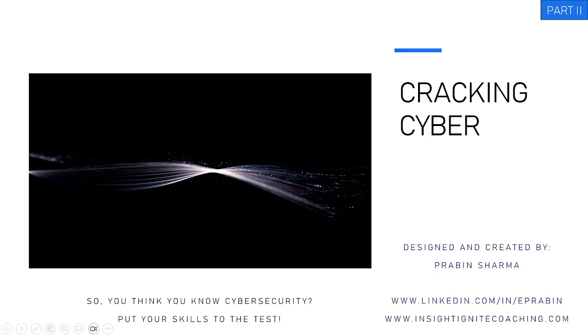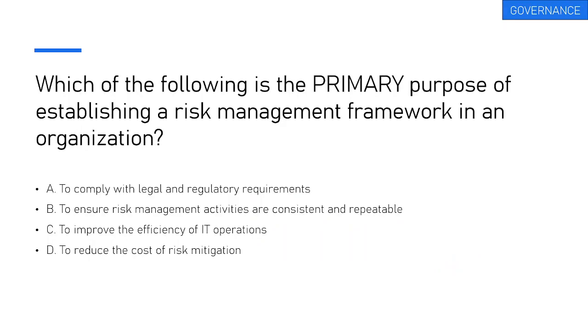So the first one that we wanted to talk about is about governance. Which of the following is the primary purpose of establishing a risk management framework in an organization? We have 4 choices here. A, to comply with legal and regulatory requirements.